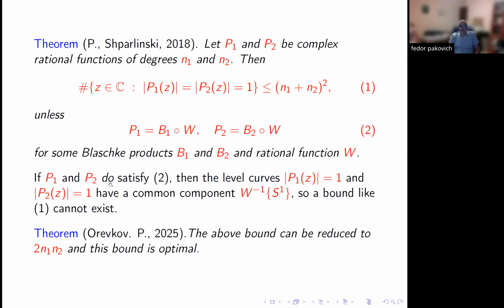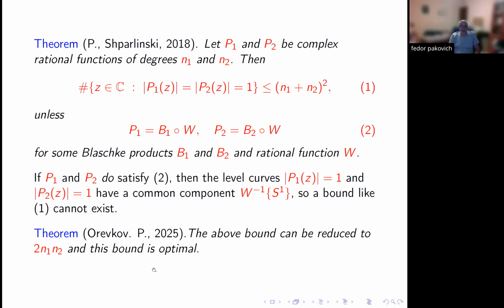Of course, if they satisfy this condition, then the level curves have a common component, so such a bound cannot exist. But the problem is to understand what happens if they have infinitely many points.